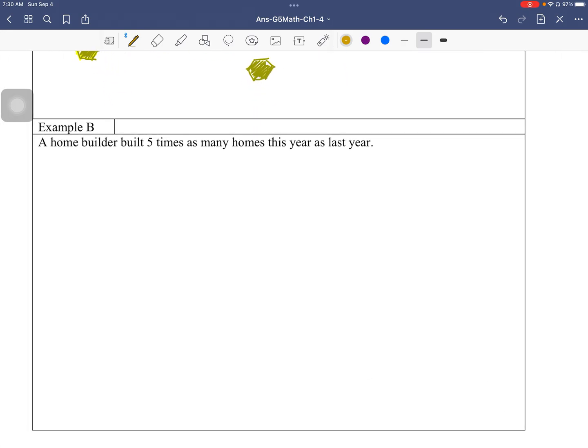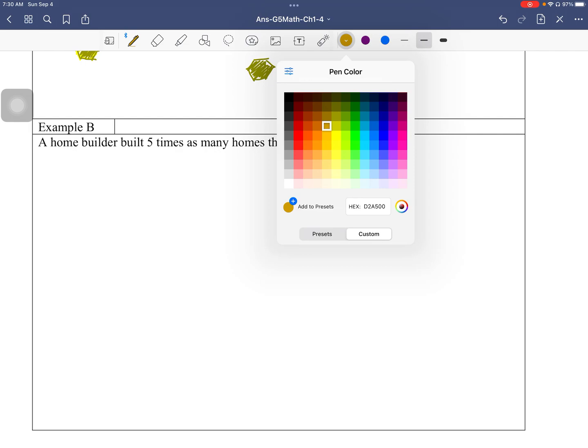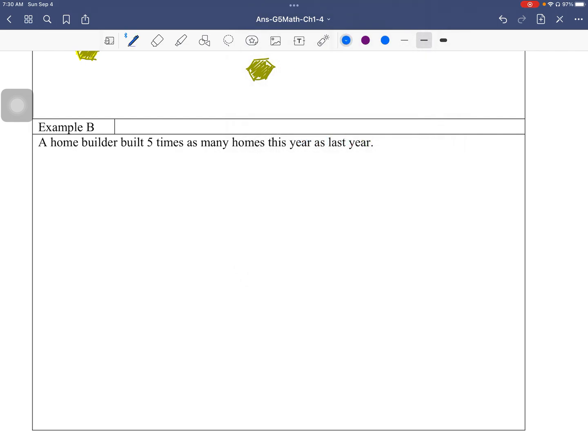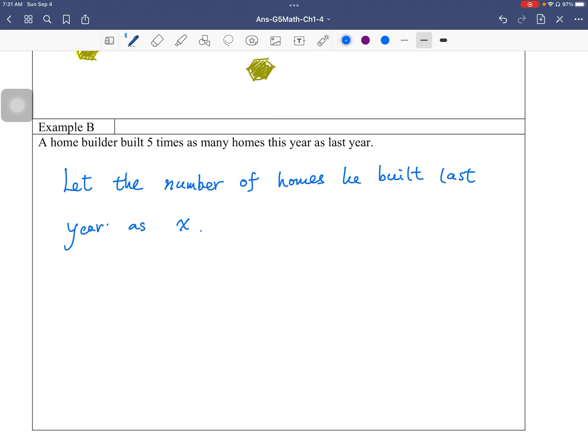Okay, in example B, a home builder built 5 times as many homes this year as last year. So let's let the number of homes he built last year be x.